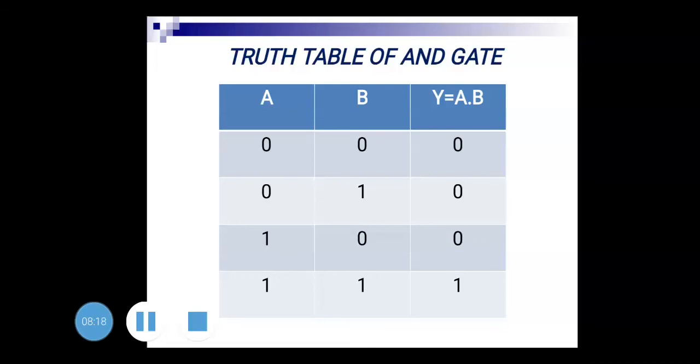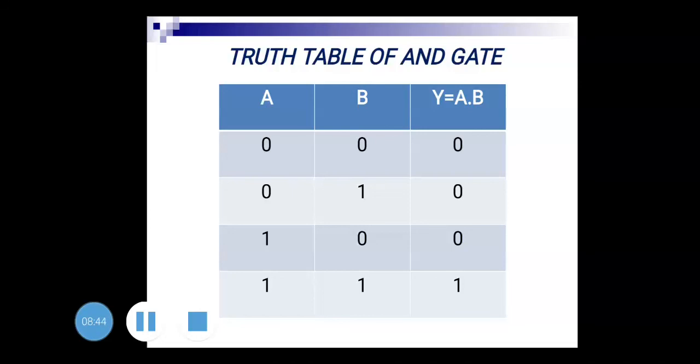So logically you can say the AND gate is sensitive to 0. That means if one of the inputs to the AND gate is 0, the output is 0. So in the first case, if you give 0 and 0, the output is 0 because one of the inputs is 0. In the second, one input is 0 and the other is 1, but since one input is 0, the output is 0.